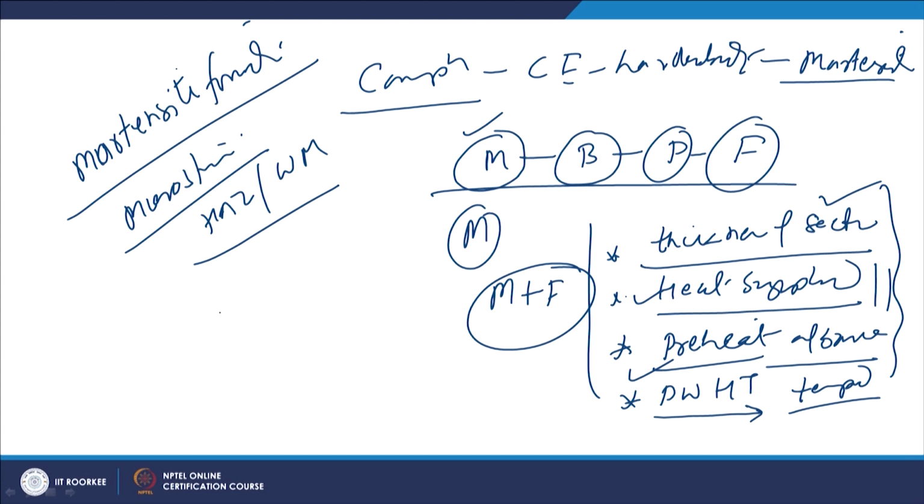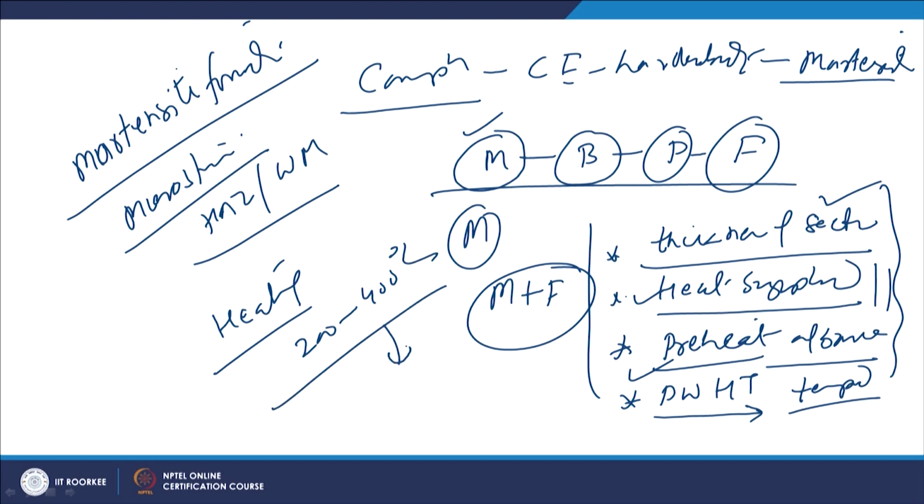Normally, heating of the weld in the range of 200 to 400 degrees centigrade helps in diffusion of hydrogen from the steel, so that escaping of hydrogen from the weld as well as the heat affected zone is facilitated, in order to avoid the undesirable effects related to hydrogen induced cracking.